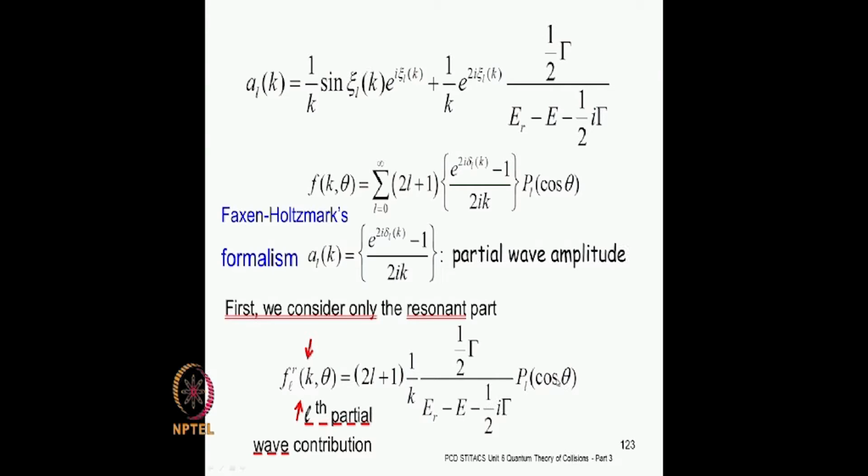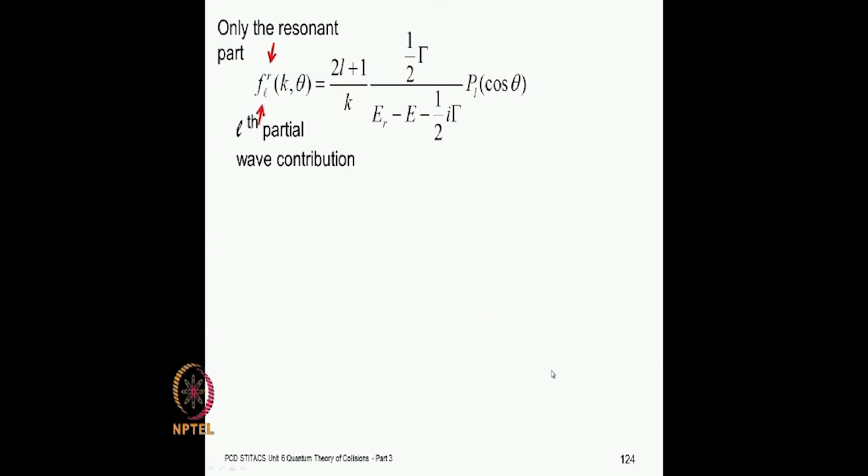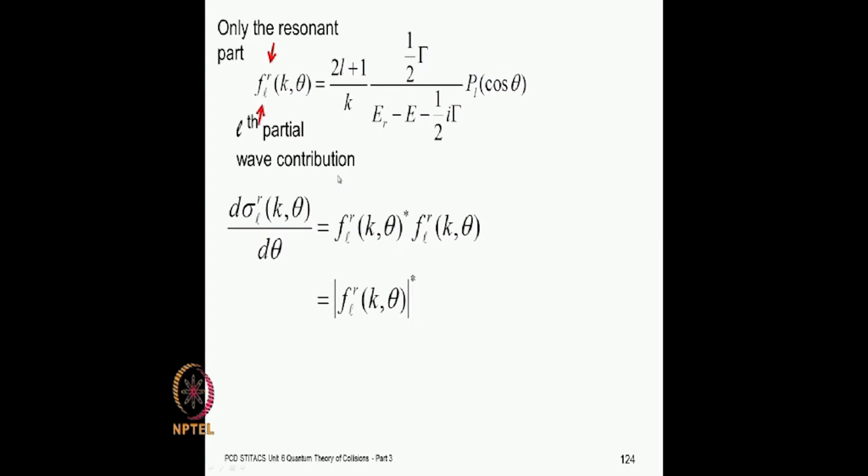So now you have the expression for the scattering amplitude. This is then only the pure resonance part of the scattering amplitude. What is the differential cross section? It is given by the modulus square of the scattering amplitude, f star f. You already have this expression, which is a complex number.